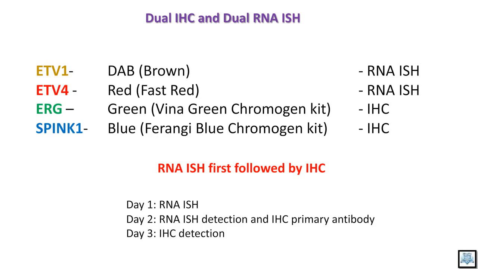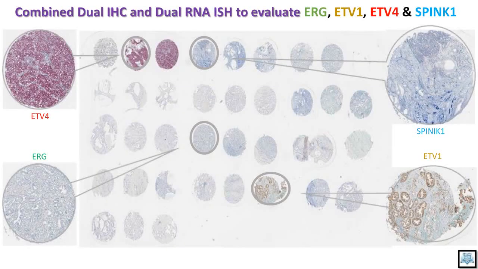Here I'm showing an example on a tissue microarray where we are fortunate to have tumors that are positive for all 4 markers. We hybridized both IHC and RNA-ISH for ERG, ETV1, ETV4 and SPINK1, and we were able to detect them simultaneously by sequential hybridization of RNA-ISH and IHC.